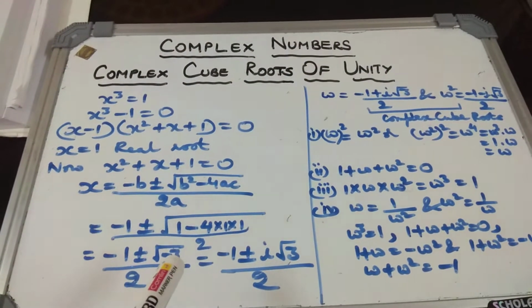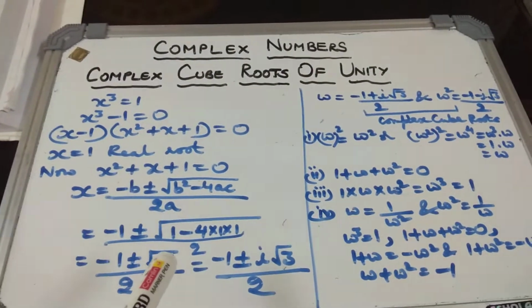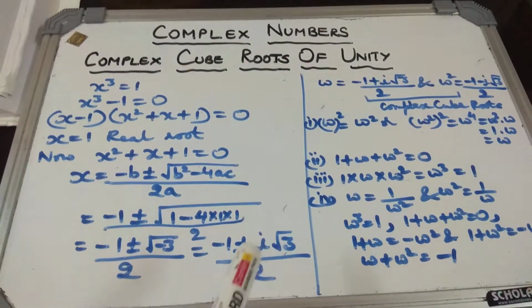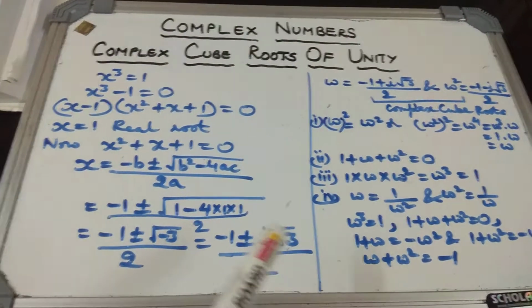And obviously now you know that minus 1 could be replaced by i square, and hence we are getting the complex roots of unity.